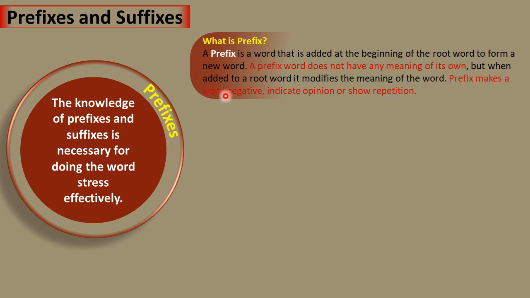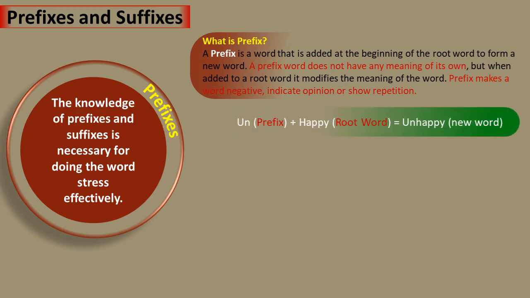A prefix can make a word negative, indicate opinion, or show repetition. Let us try to understand this with the help of an example. Please have a look at this example. See, un is a prefix, happy is a root word, and by adding the prefix un to the root word happy, you can form a new word, that is unhappy. When added to a root word, a prefix modifies the meaning of the root word.